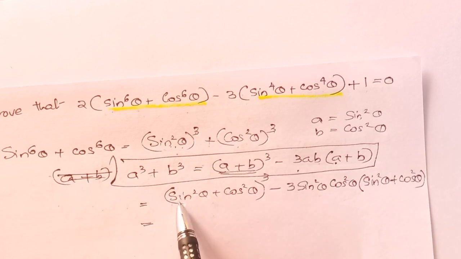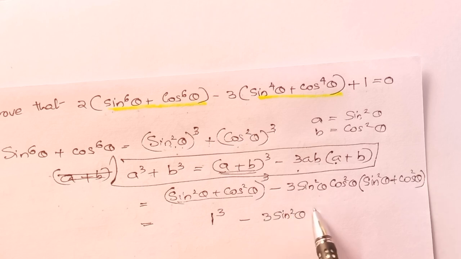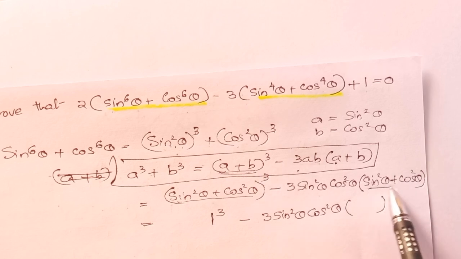So we get, you know that sine square theta plus cos square theta is 1 as per the identity. 1 cube minus 3 sine square theta cos square theta in bracket, again we have sine square theta plus cos square theta, which is equal to 1.